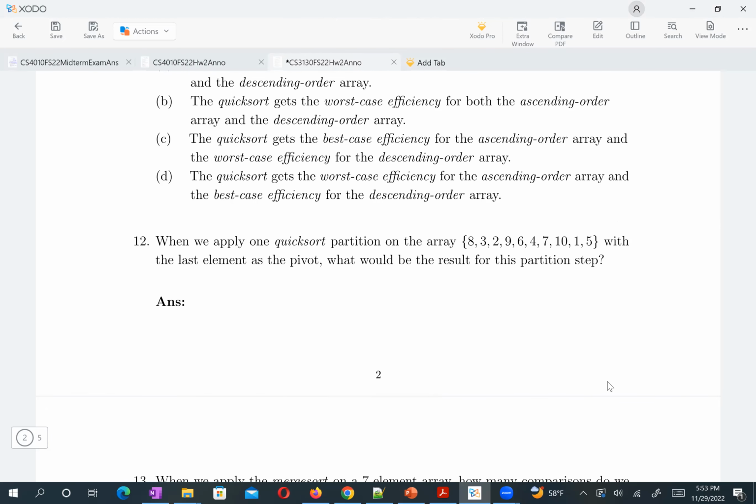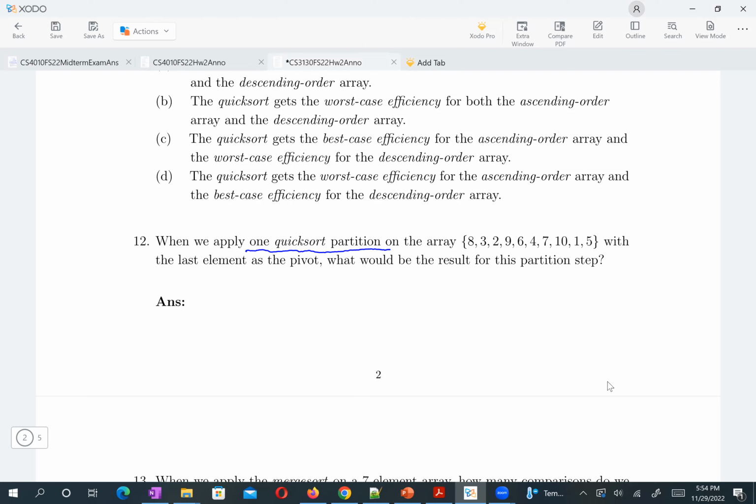And the remaining things. Number 12, here I ask you to run one quicksort partition. I want you to know the details of quicksort partition. In class, I used one concrete example. I used diagrams, I showed you step by step, I used different colors.